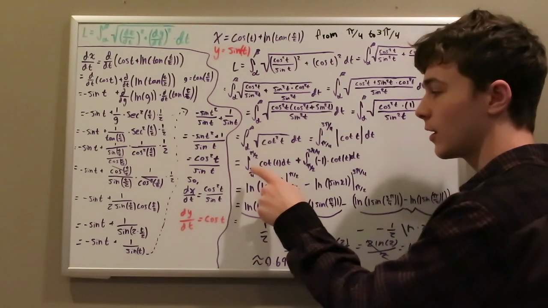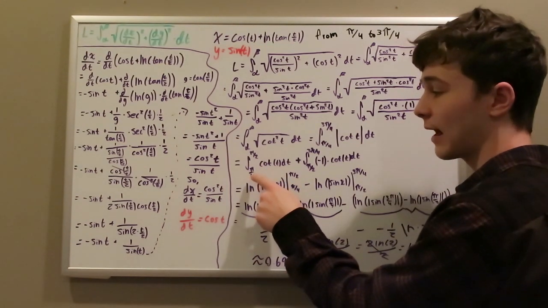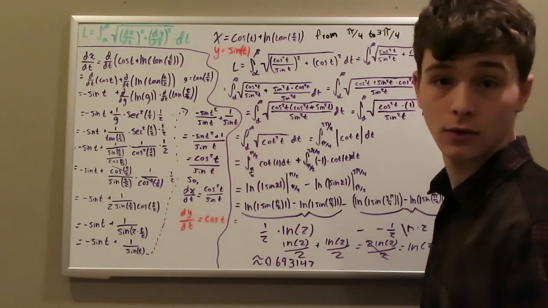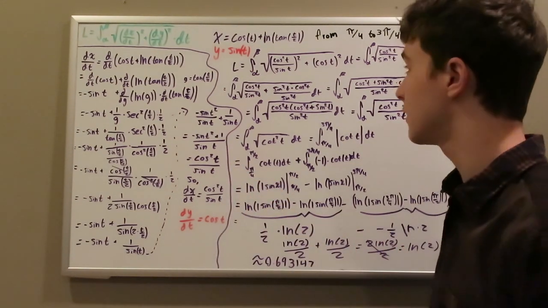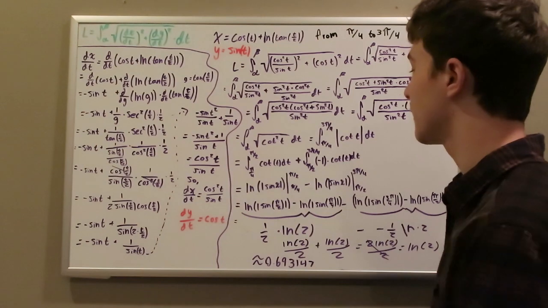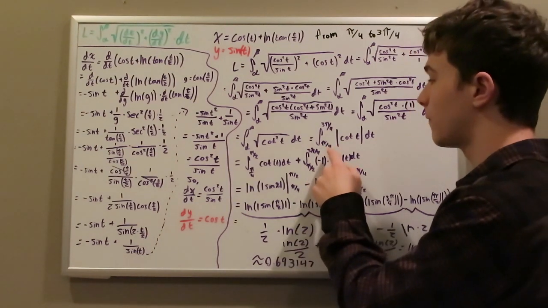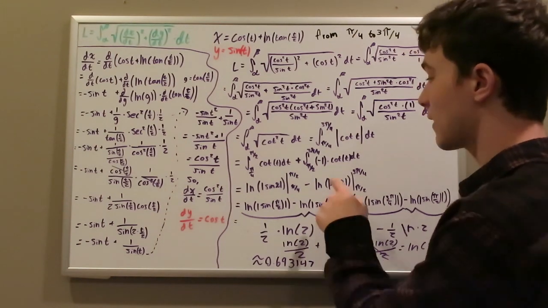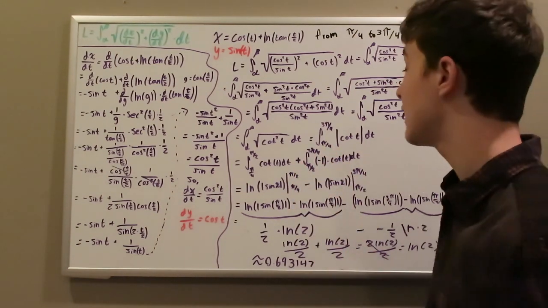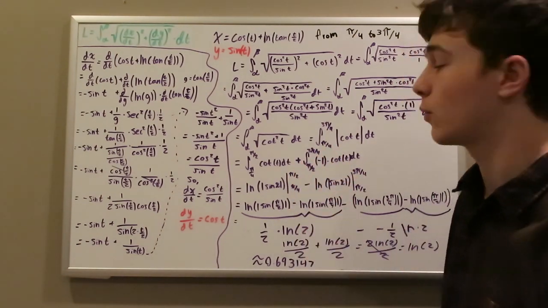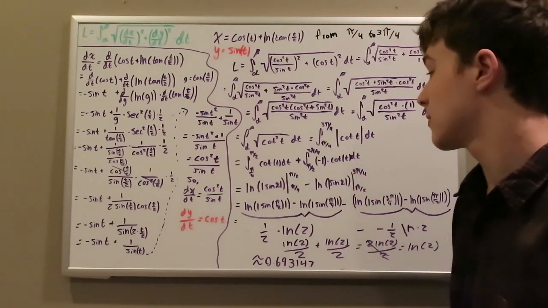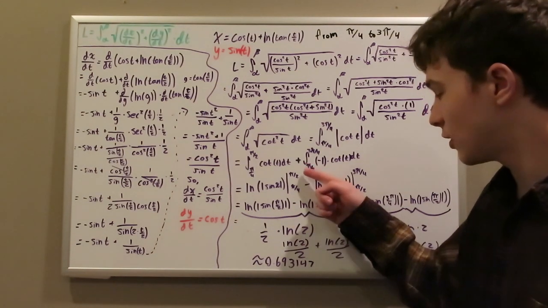You're going to have pi over 4 to pi over 2 on your first integral, and then the range of where it's going to be negative is from pi over 2 to 3 pi over 4. So for that range, I'm just going to multiply it by -1.